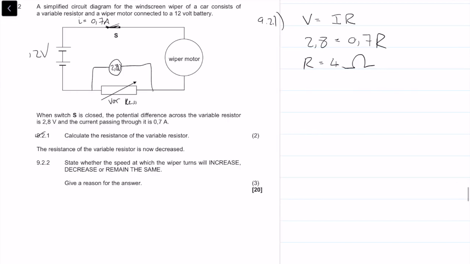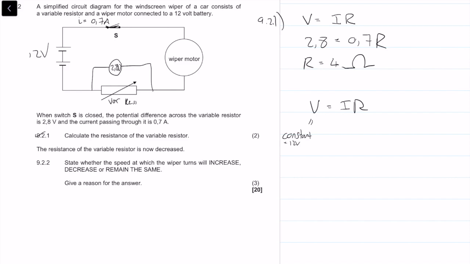Question 9.2.2: the resistance of the variable resistor is now decreased. State whether the speed at which the wiper turns increases, decreases, or stays the same, and we have to give a reason. Let's work through this using the equation V equals IR. V is a constant, and we know that it's equal to 12 volts.